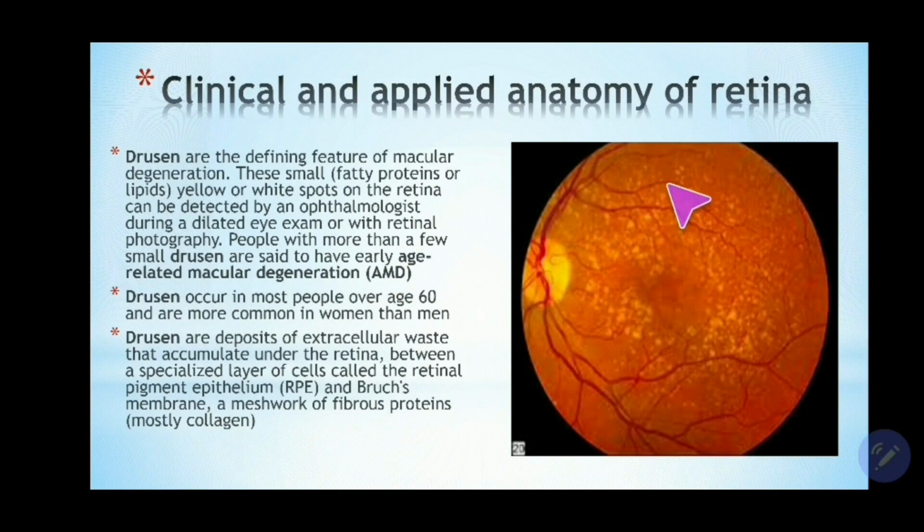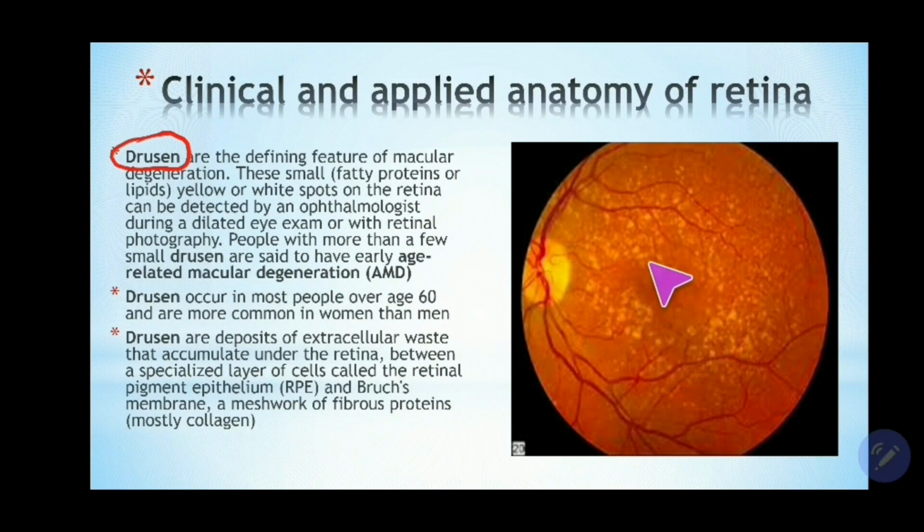What is drusen? Now drusen, look here. Can you see, this is a fundoscopic examination, and what you are seeing is the optic disc. So if this is the optic disc, this is the macula, right? So this is the medial side, and this will be lateral.